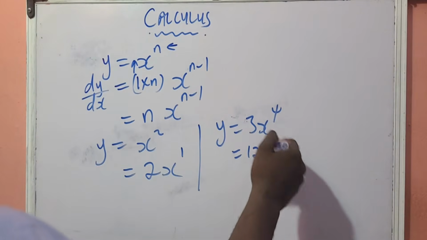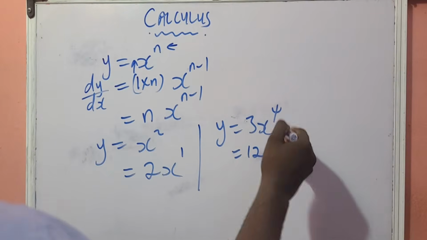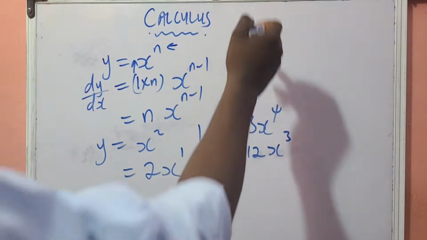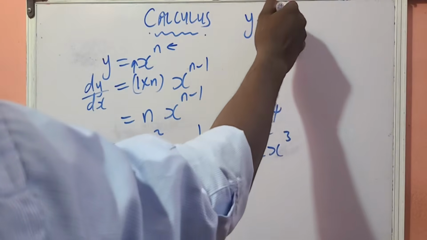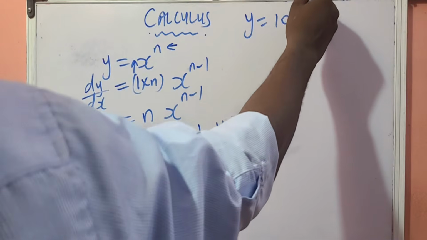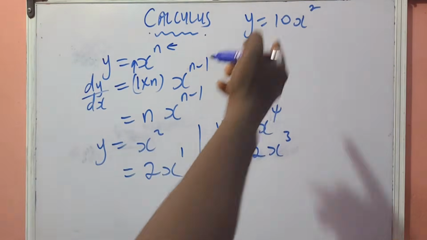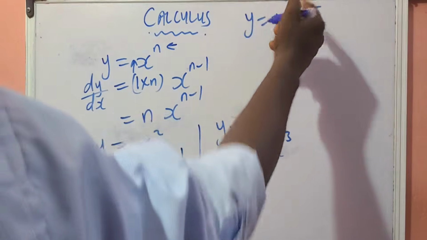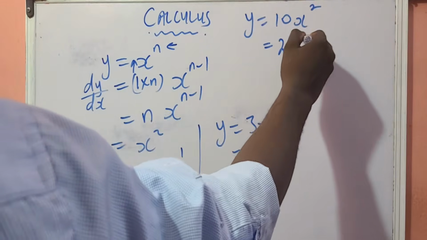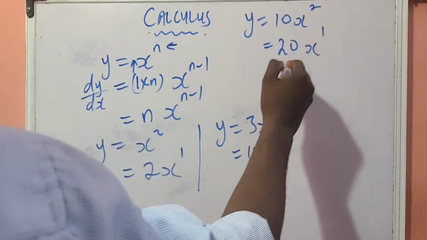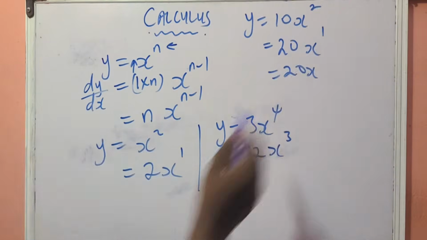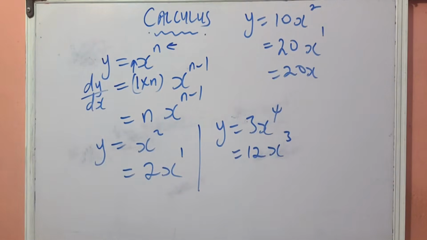Then you write the x, then you subtract 1 from the power, 3. Let's take one more. Imagine we have y equals 10x raised to power 2. You multiply the coefficient with the power, that will be 20x raised to power 1. That will be 20x.